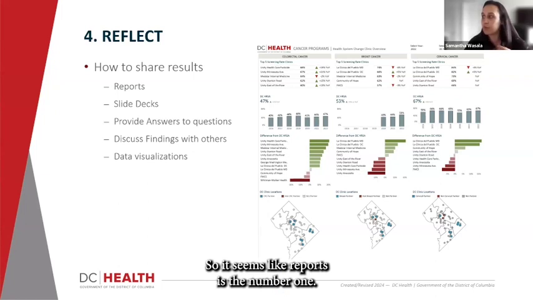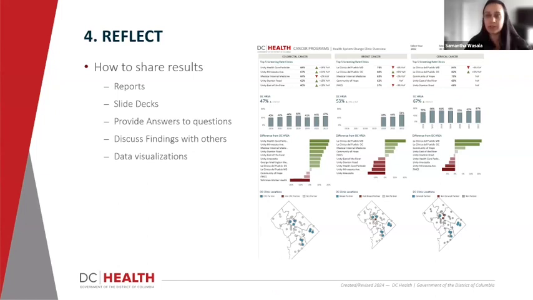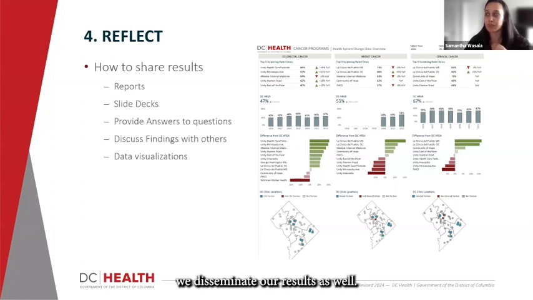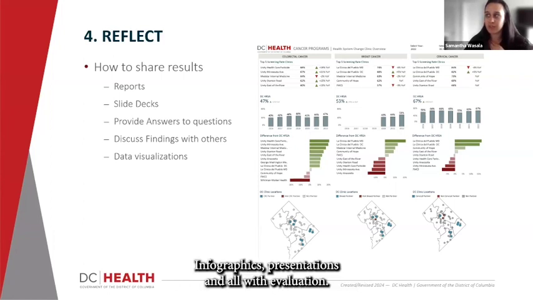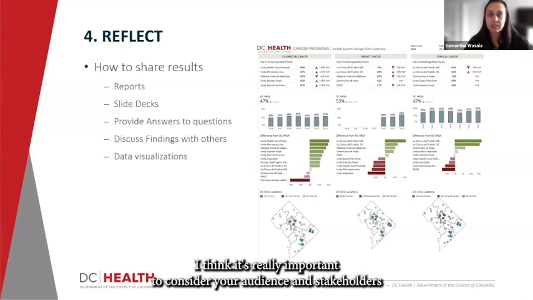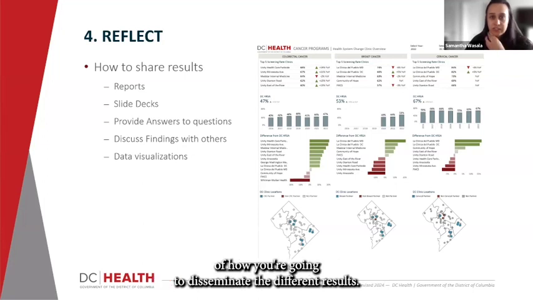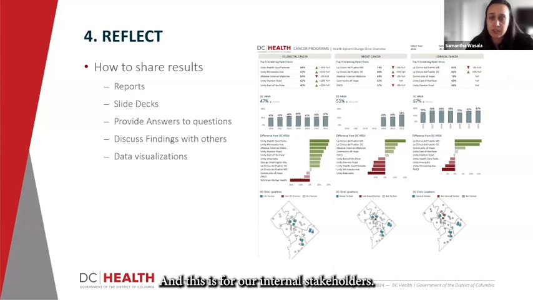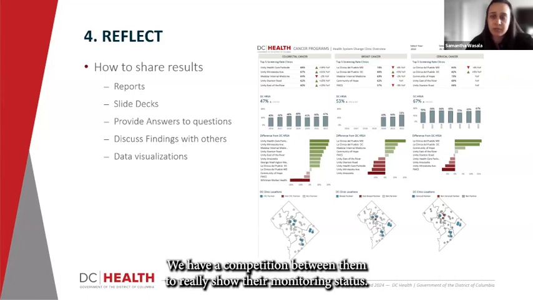It seems like reports is the number one, and I would say from DC Health that it's definitely how we disseminate our results as well, along with infographics, presentations, and more. With evaluation, it's really important to consider your audience and stakeholders in how you're going to disseminate the different results. Here I have a picture of a dashboard that we use for our internal stakeholders. We have a competition between them to show their monitoring status.